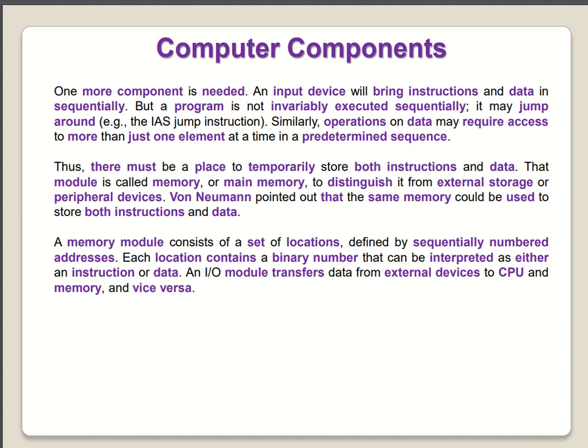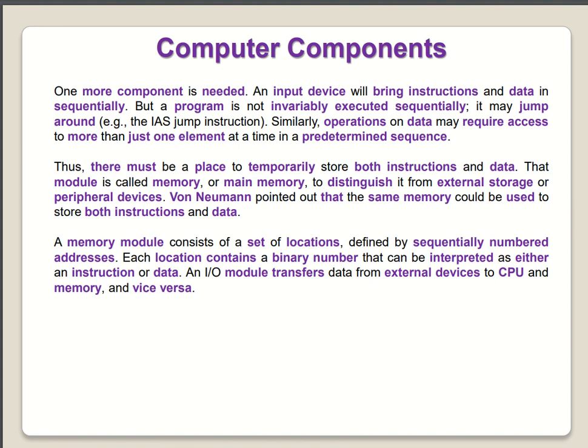Operations on the data may require access to more than one element at a time in a predetermined sequence. So we need to place the data and also the instructions temporarily.